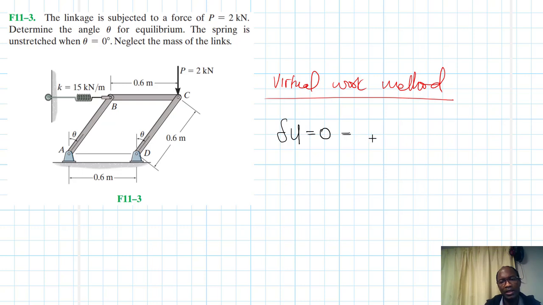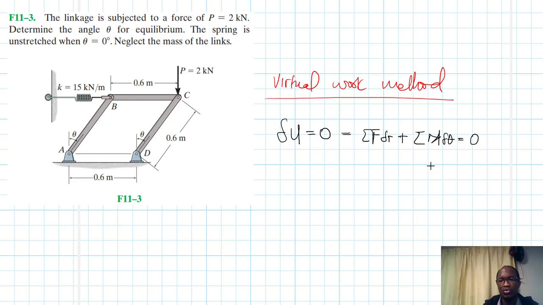This is due to virtual work from the forces, due to virtual translational displacement, and also due to couple moments and rotational virtual displacement. And when we sum up the work done by forces as well as couple moments in a system, it is equal to 0.